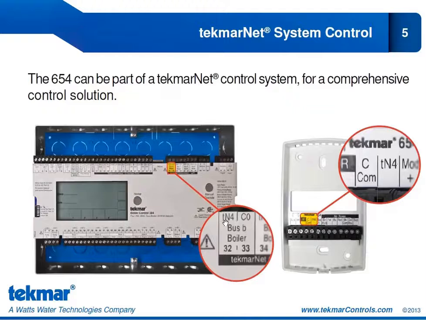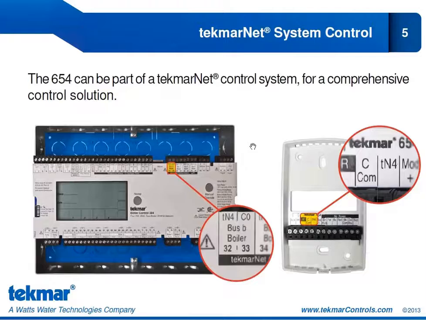And we've highlighted the TN4 and C terminals on the 284 and how we could connect the tekmarNet 654 through those same TN4 and C terminals. So it would be 2 wires from the control to, in this case, the boiler control 284, and then we would have tekmarNet communication between the 2 control points.